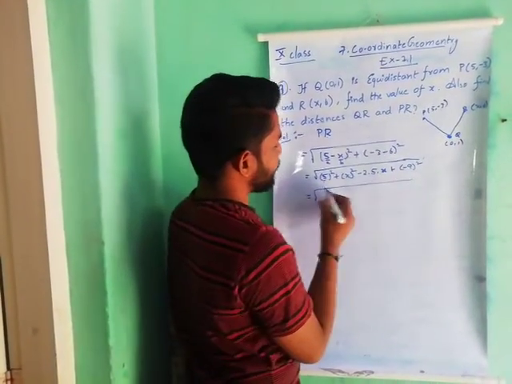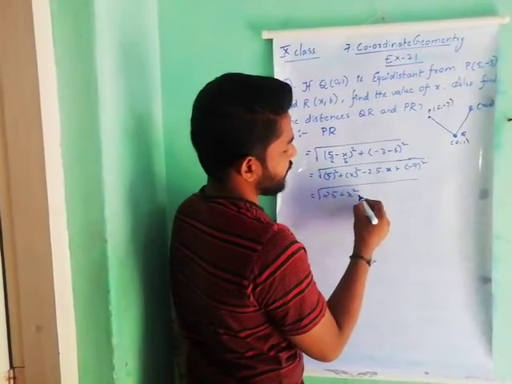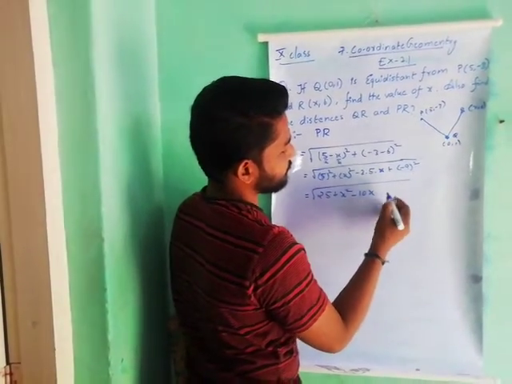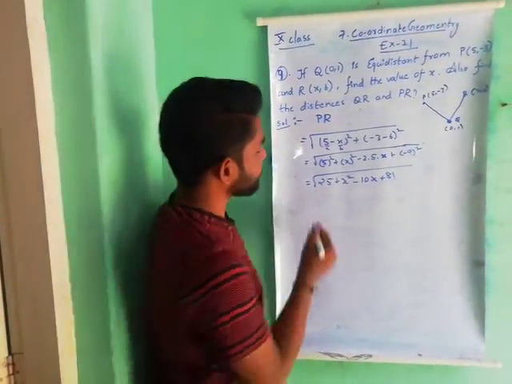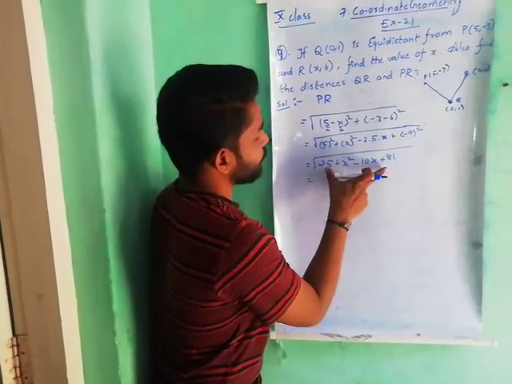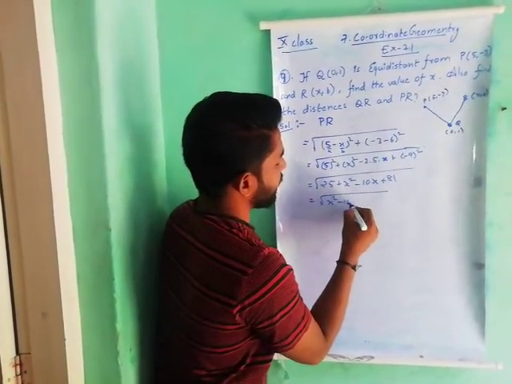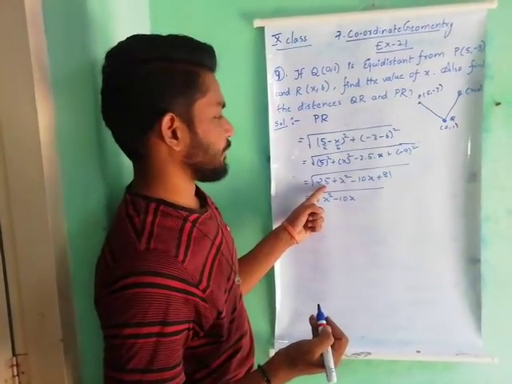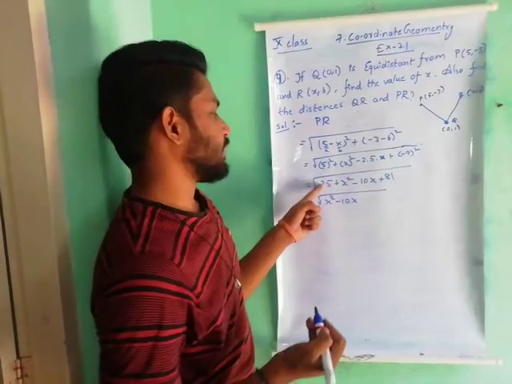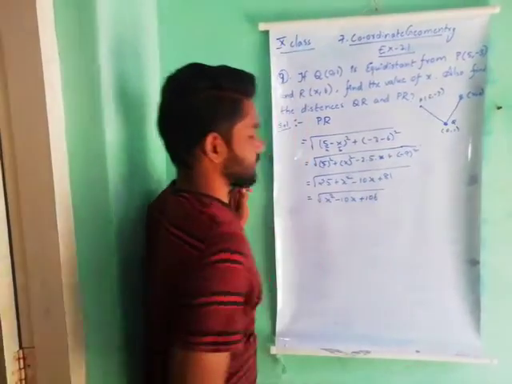So finally 25 plus x square minus 10x plus 81. Now x square minus 10x plus 81 plus 25, which is 106.